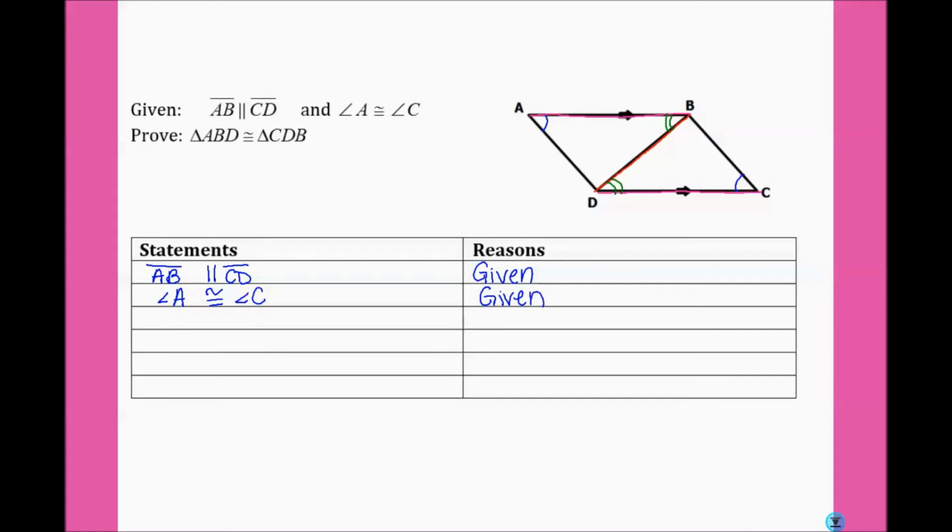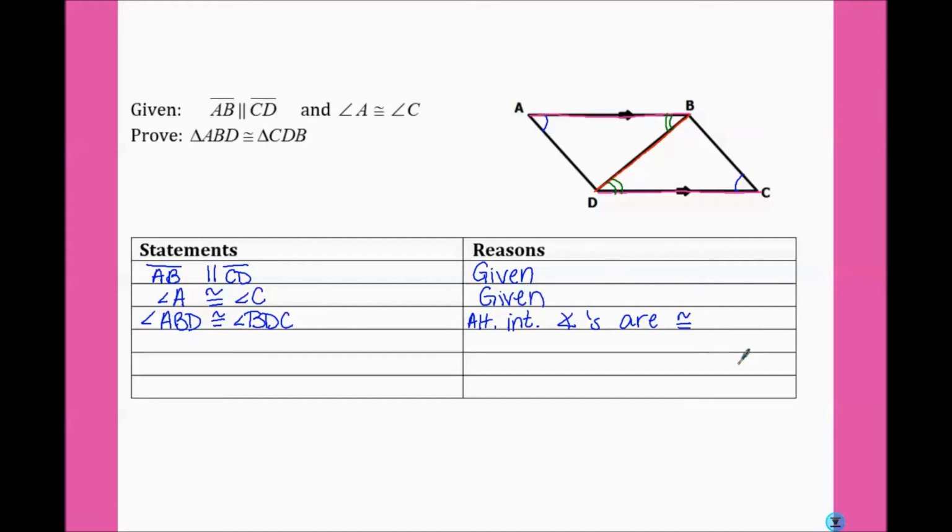So now, since both triangles have an angle B and an angle D in them, we're going to use their three-letter names in our statement. So we know that angle ABD is congruent to angle BDC. And the reason we know this is alternate interior angles are congruent.